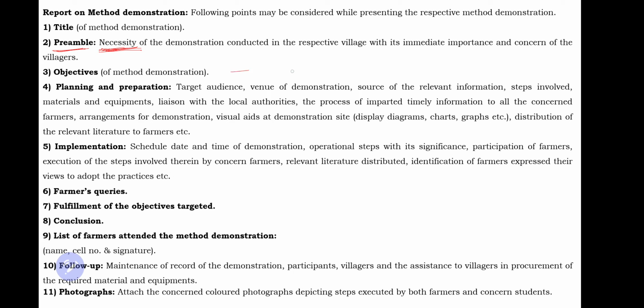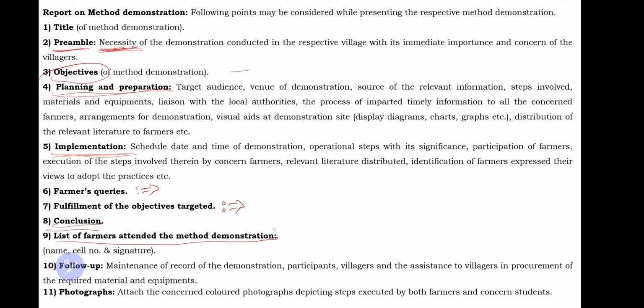Write your objectives in detail, your planning and preparation, and the way you implemented it. Write in detail the procedure of your implementation. Mention the queries asked by the farmers, then your judgment on whether your objectives were fulfilled, and finally your conclusion.